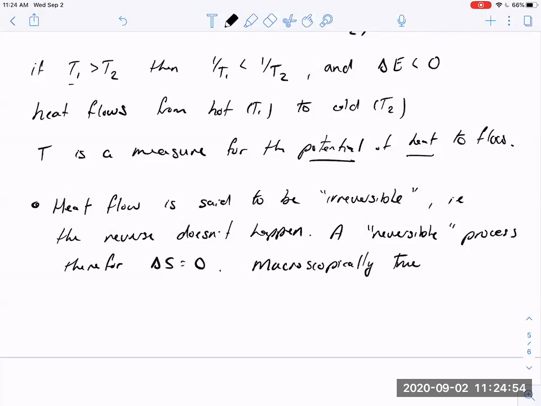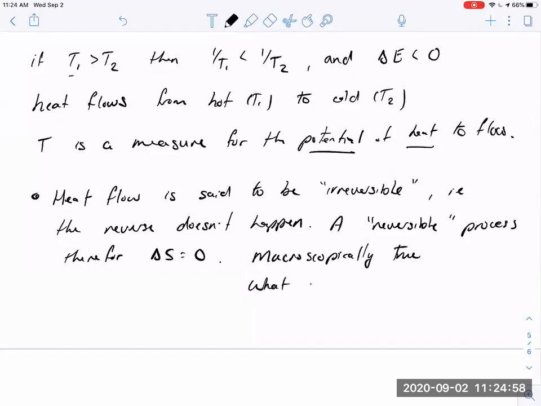But what if the system were smaller? What if we thought about heat flows in really small systems? Does it have to be the case that heat flows from hot to cold?